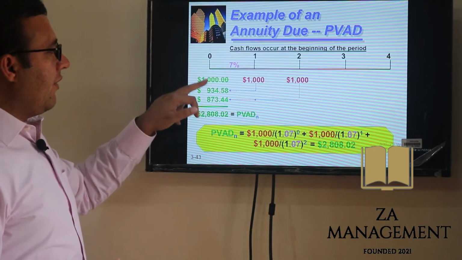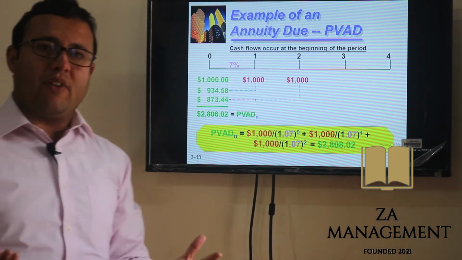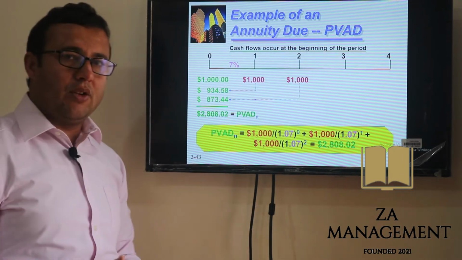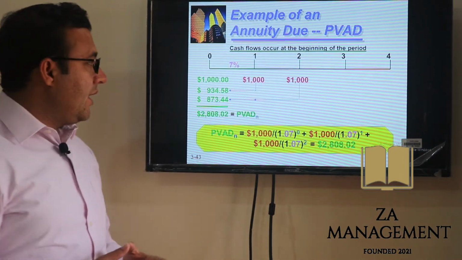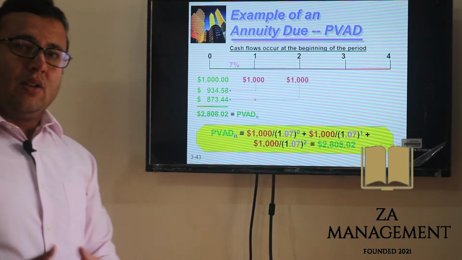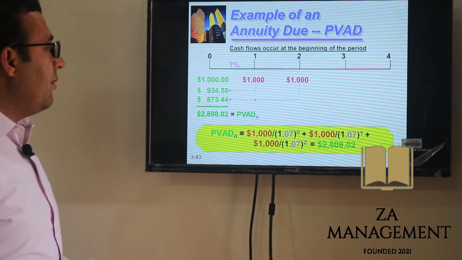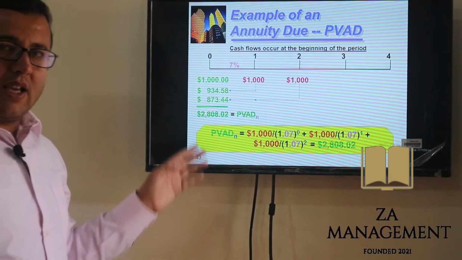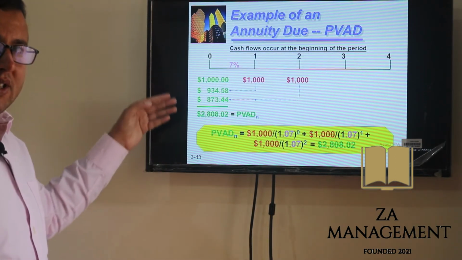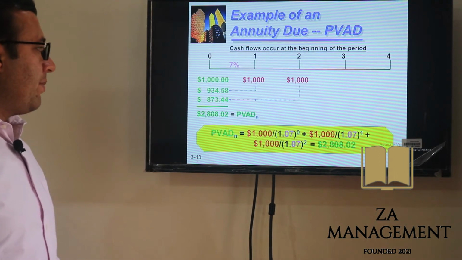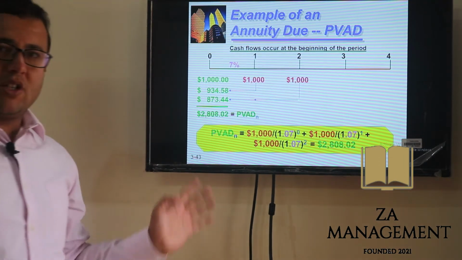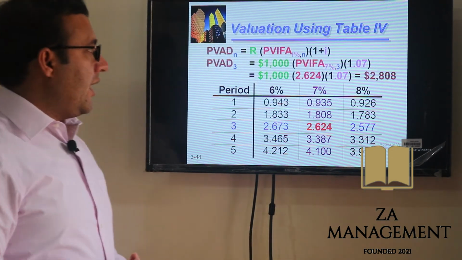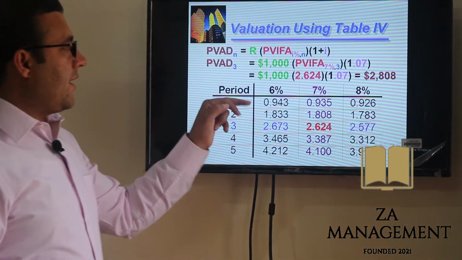So the present value of the first installment will be its own value, 1000, because it occurs at period 0, while the present value of the second installment is 934.58, keeping the 7% discount rate in mind, and the present value of the third installment is 873. If we sum up all these present values, we get the present value of annuity due, which is 2808 in this case. In the same fashion we can go with the help of the table for the same problem.